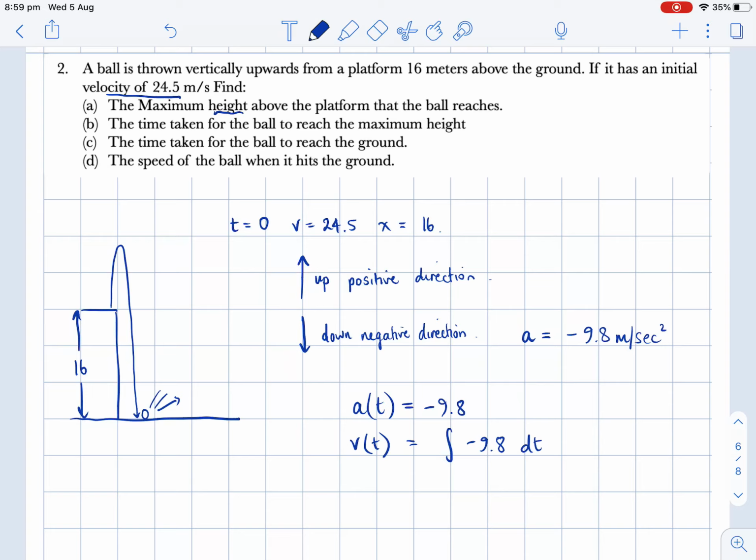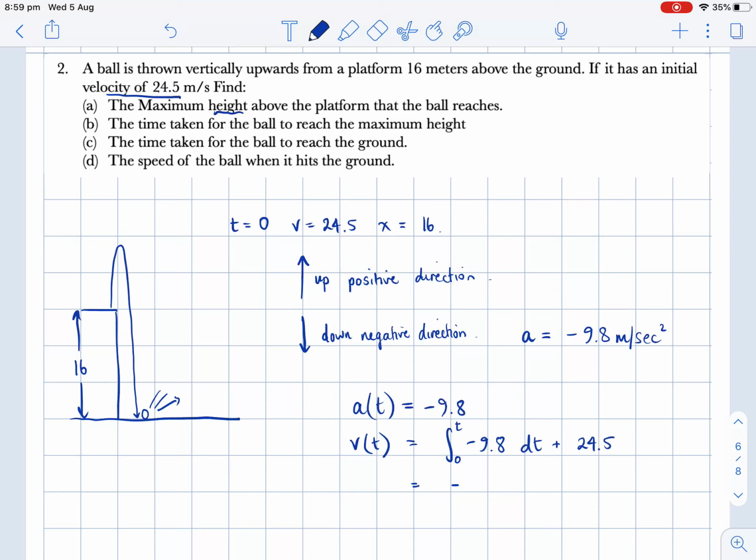My variable is t, and I know my initial t value is 0, and the initial velocity is 24.5.